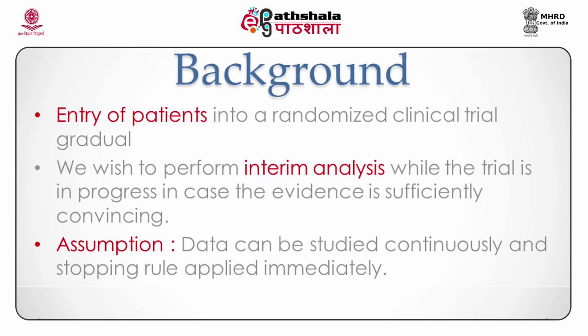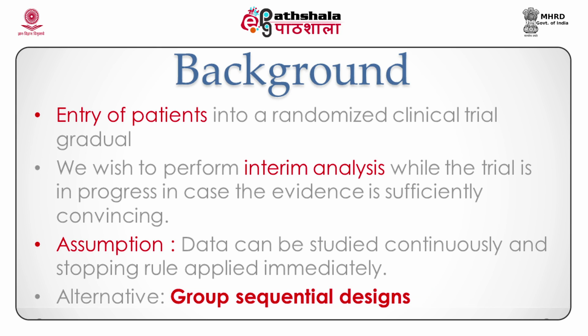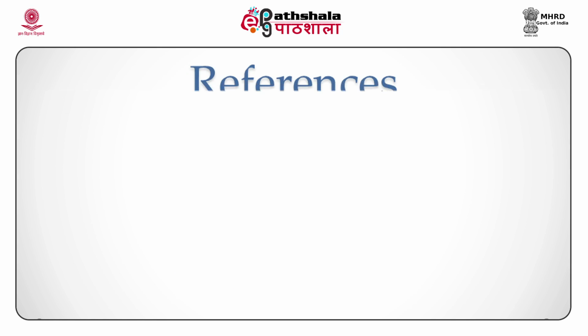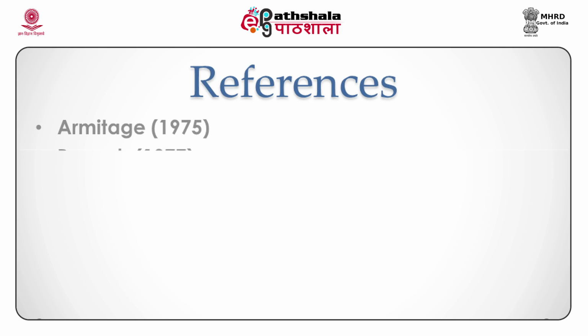However, this assumption may not be feasible in practice, and hence, as an alternative, we consider group sequential designs. Armitage, in his 1975 paper, describes various forms of sequential designs and analysis of clinical trials and tests of repeated significance. This paper is largely based on the papers by Pocock in 1977, and the results are obtained by numerical integration.